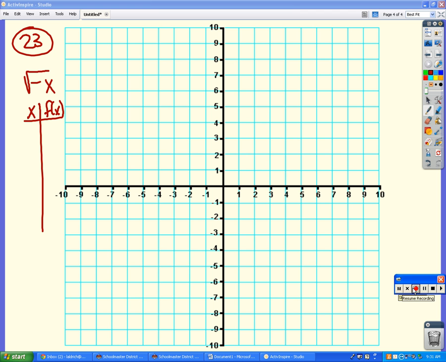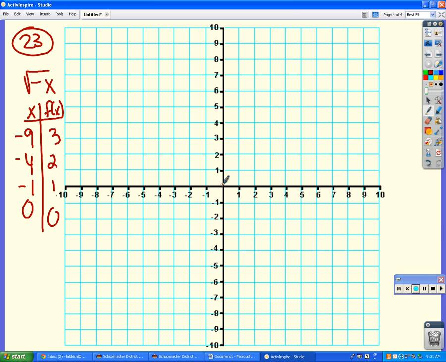Well, right, and the reason why they restricted it to x being less than 0 is because this is negative x, right? So if you plug in, let's do an easy one, negative 9, what do you get as your answer? 3. And if you plug in negative 4, you get 2. Negative 1 gives you 1. And if you could plug in 0, you would get 0.